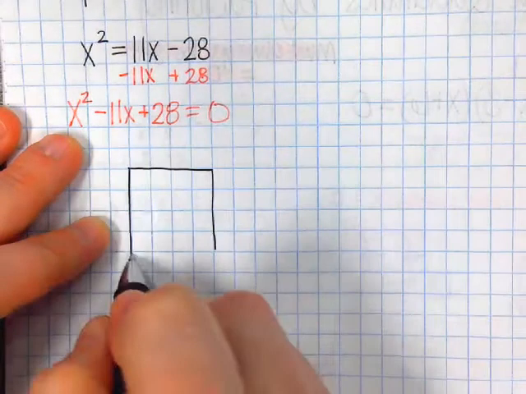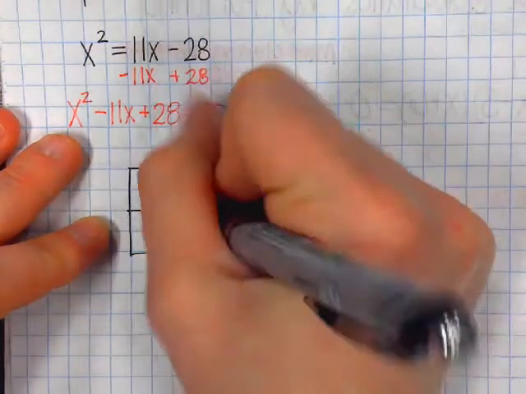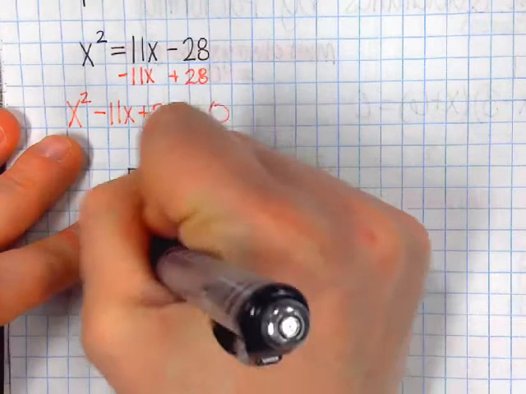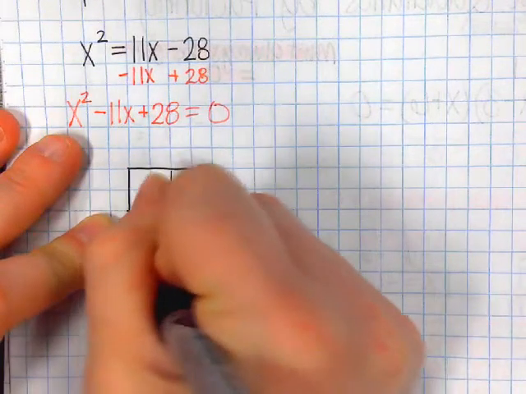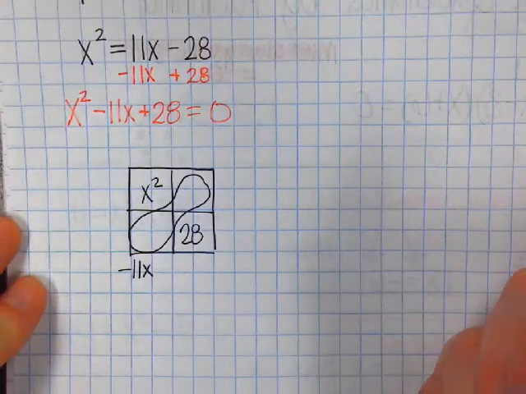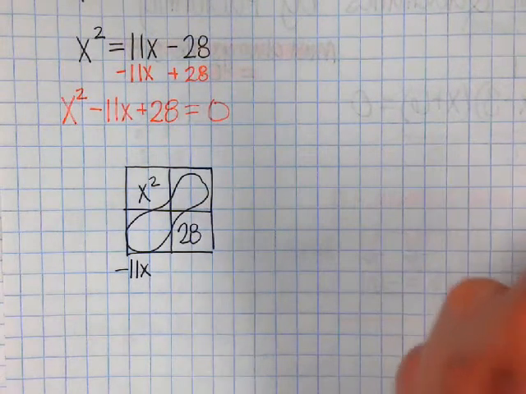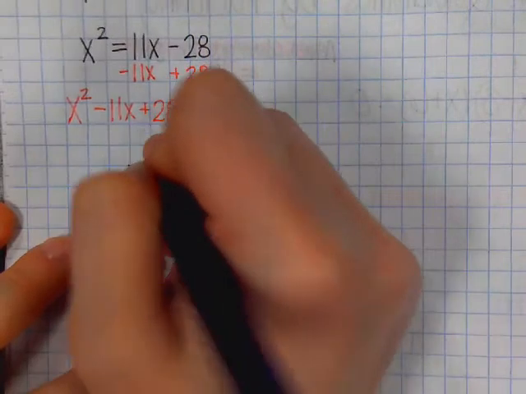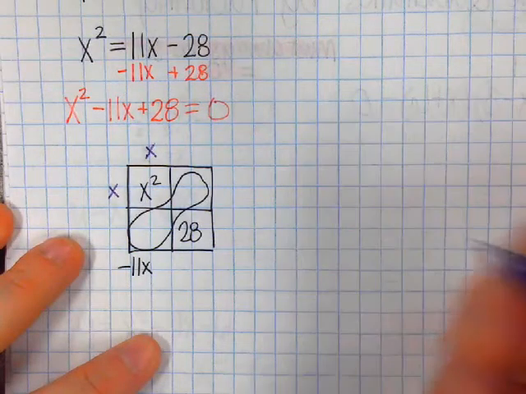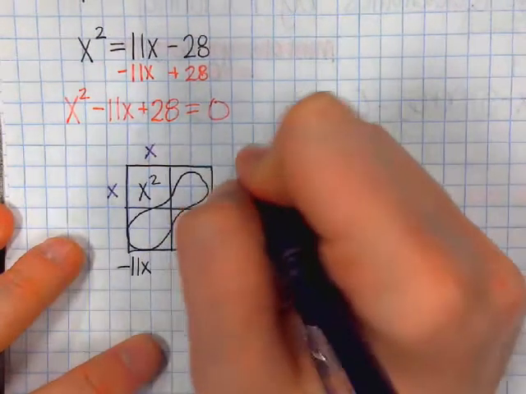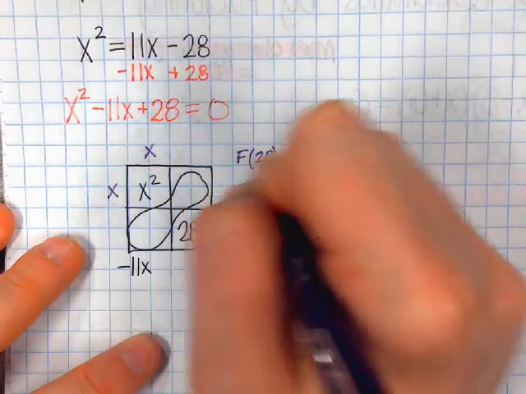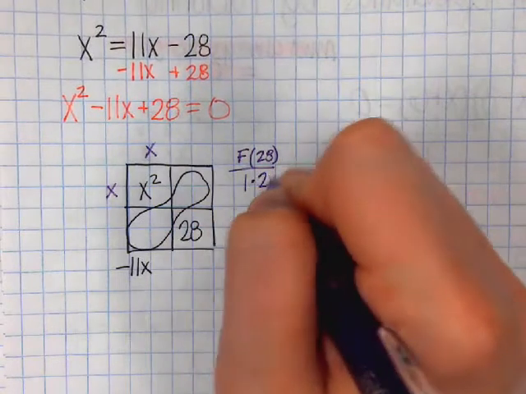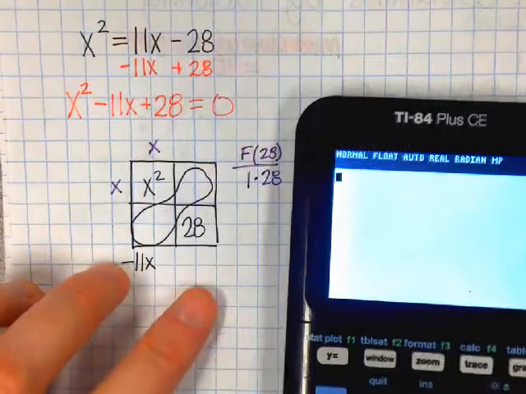Now I can start factoring it. So 28, x squared, and these two boxes combine to get a -11x. Okay, we know that x times x gives us x squared. So we need to find the two numbers that multiply to get 28 and add to get -11x.